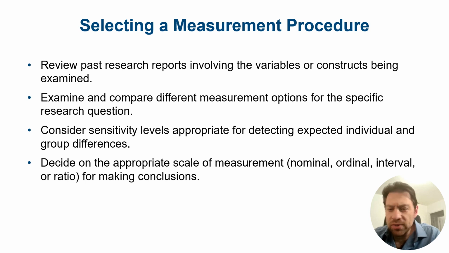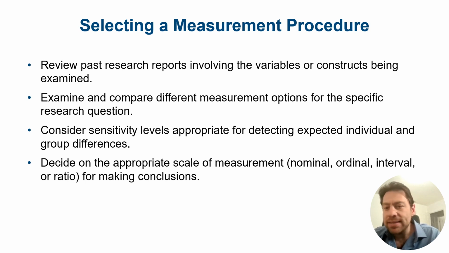And finally, just some tips or heuristics for selecting a measurement procedure. So one, review the past research involving the variables or constructs that you are interested in exploring in your study. Next, examine and compare different measurement options for the specific research question that you are exploring.